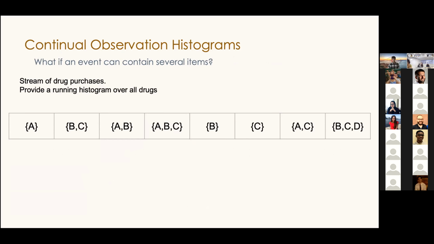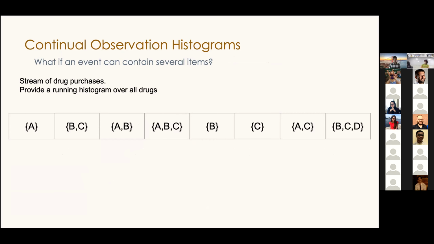We then want to extend this to not just a stream for a single counter, but a stream over several counters. So maybe I'm not just interested in the purchases of drug A, but I want to know the purchases over all drugs. Maybe a customer comes in and buys a bundle of drugs. So the first person enters, buys drug A. The second customer comes in, buys drug B and C, and so on.